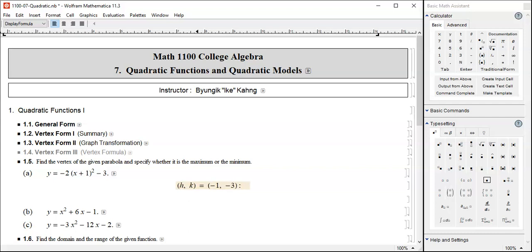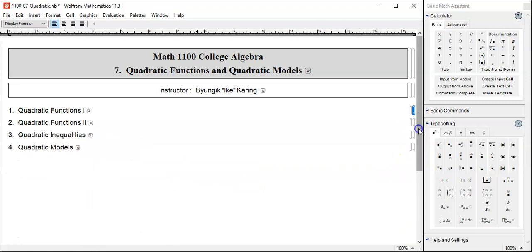And is it maximum or minimum? a is -2, so this is maximum. And that's it. As for the other problems, you have to convert those into the vertex form first. So it's going to be a bit more work, and we are going to do those in the next video.